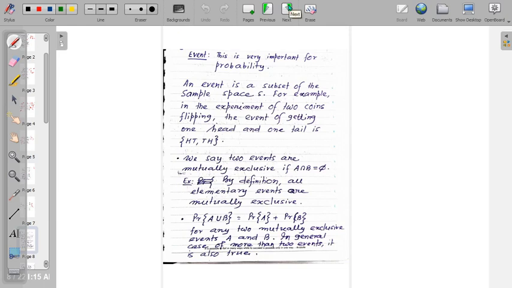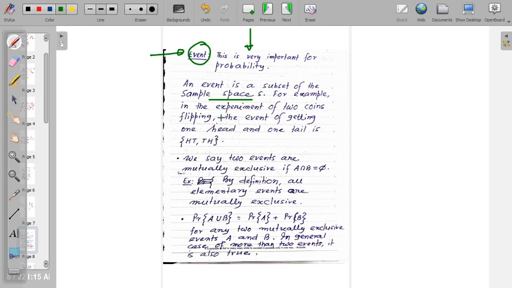The next thing which will be very essential to know is this event. This is very important for probability to have some meaningful statement. An event is a subset of the sample space S.